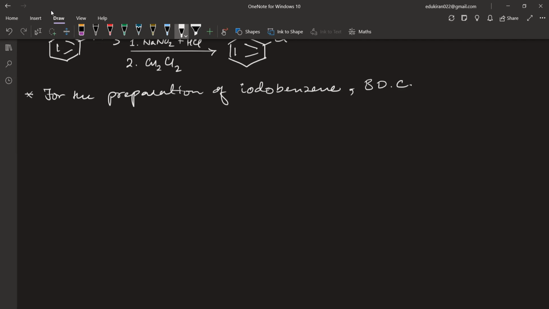Benzene diazonium chloride, or benzene diazonium salt, is just stirred with KI.